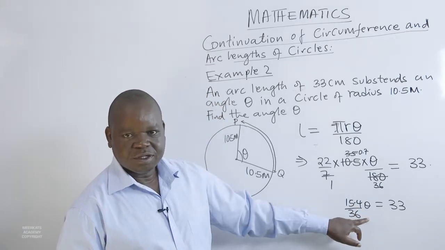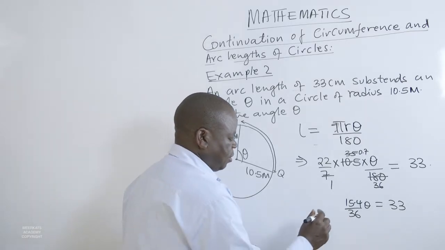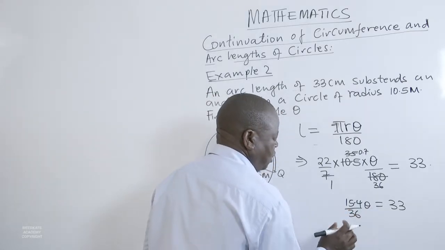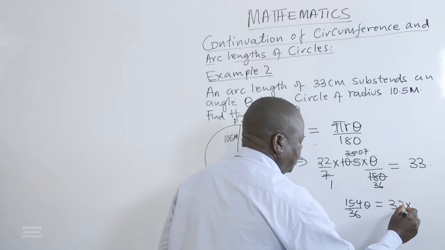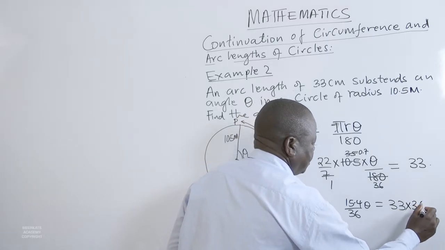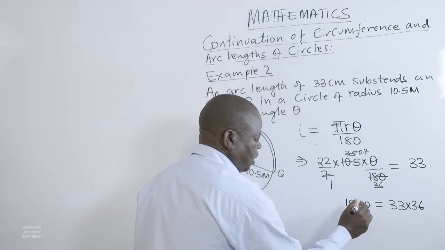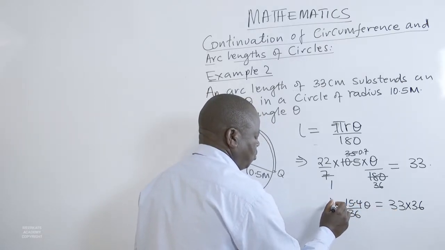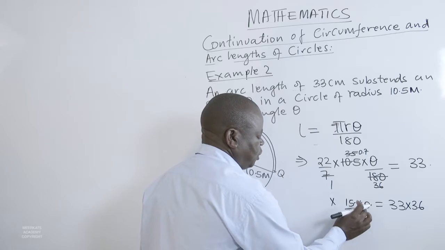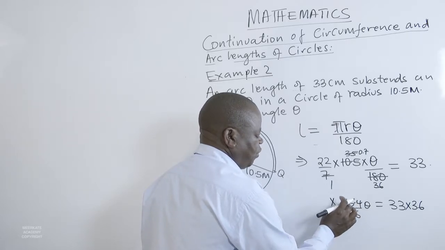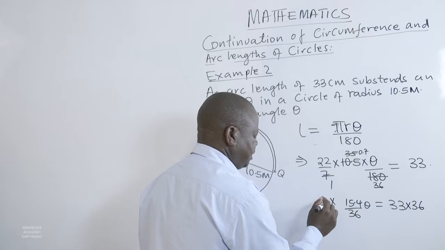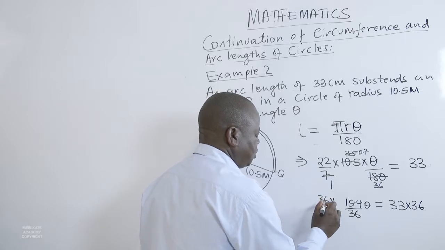So you work out the value of theta. You eliminate the denominator. You multiply both sides by 36. And at the same time, you eliminate 15.4 by multiplying by the reciprocal of 15.4 over 36. So that will be 36 over 15.4.